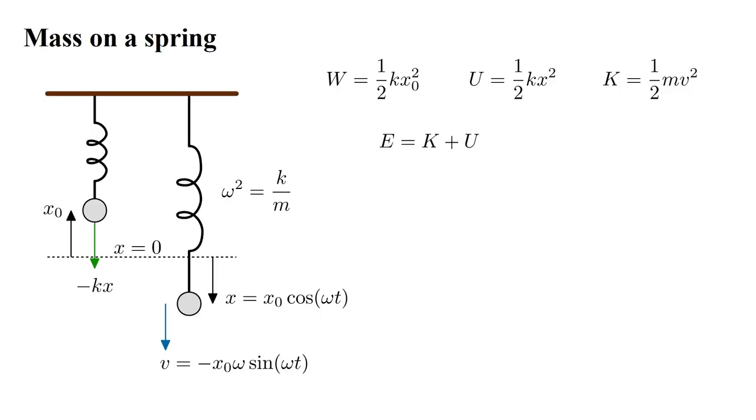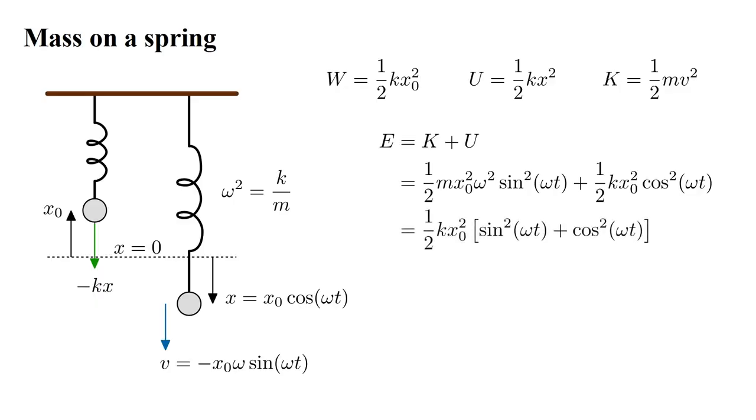Let's see if the total energy, E equals K plus U, is conserved. Plugging in the expressions for v and x, this becomes 1/2 m x0 squared omega squared sine squared omega t plus 1/2 k x0 squared cosine squared omega t.